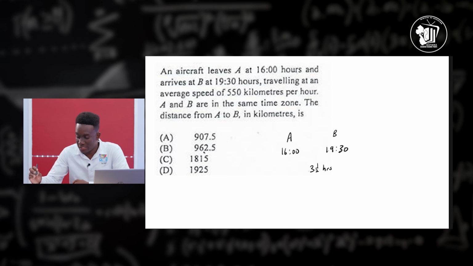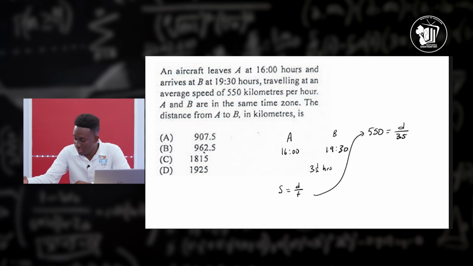So if it traveled at a speed of 550 kilometers per hour, they want to find the distance from A to B. Speed is equal to the distance divided by the time. In this case, we were told that the speed was 550 kilometers per hour, and this is equal to the distance that we want to find divided by the time that was taken, which is 3.5.